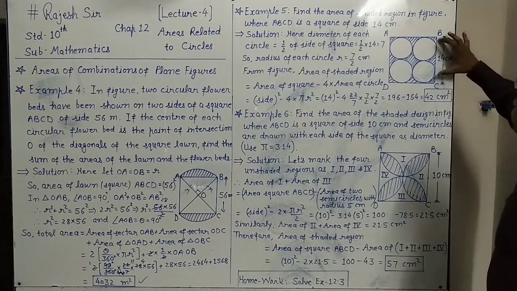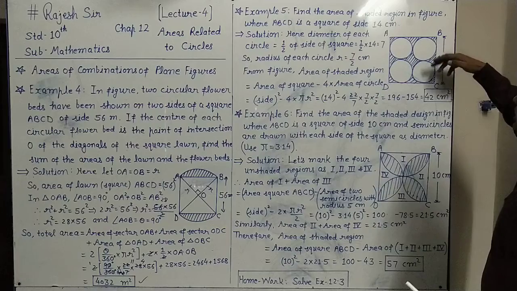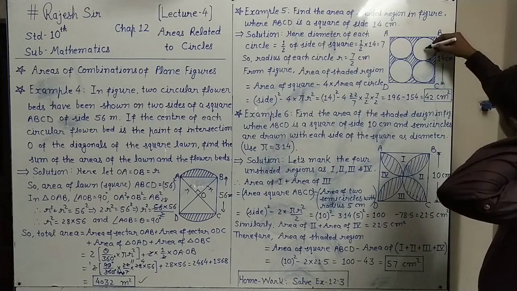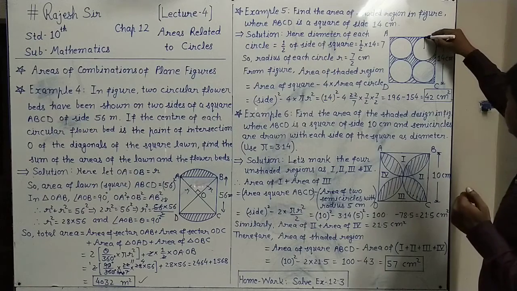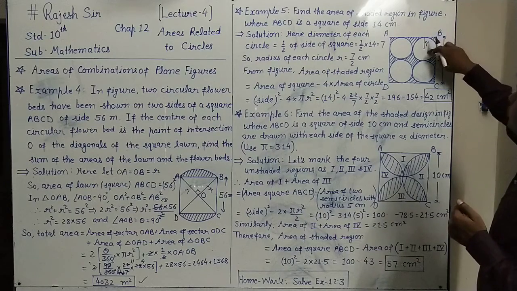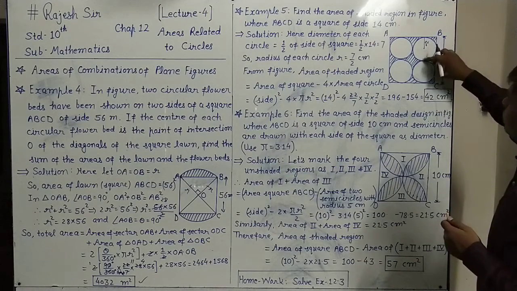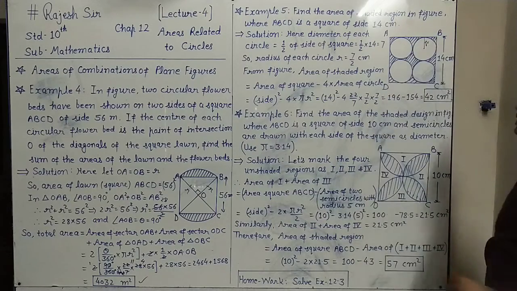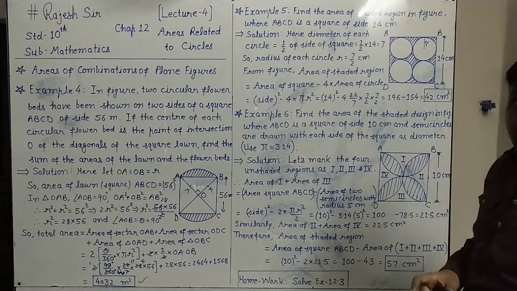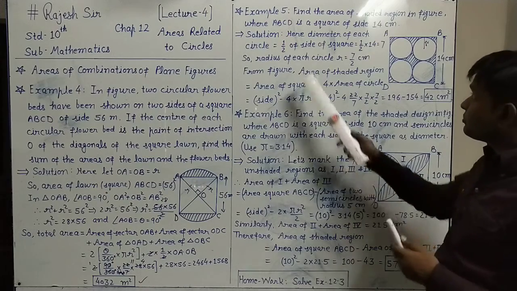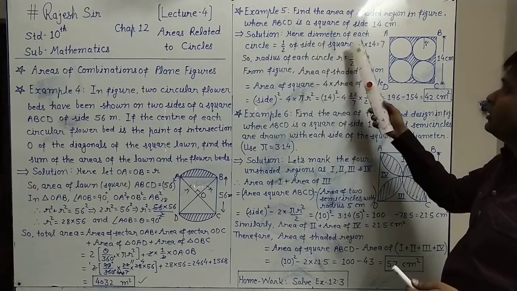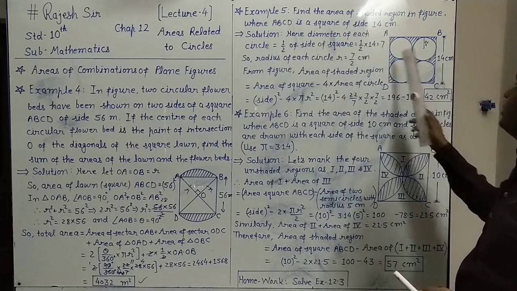On one side, 2 circles are coming edge to edge, right? So for one circle, this is the radius of one circle and this is half of one circle's diameter, and the diameter is half of the side. So the diameter of each circle is half of the side of the square, that is half of 14.